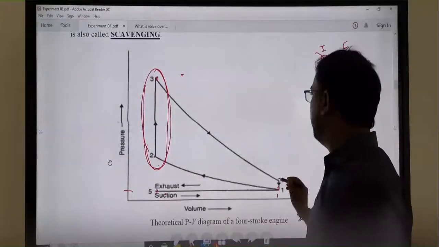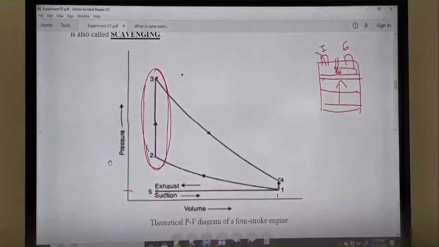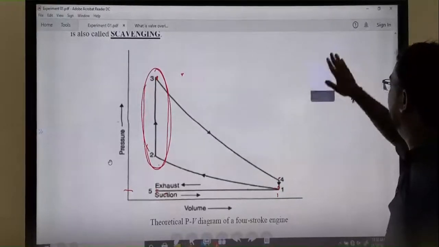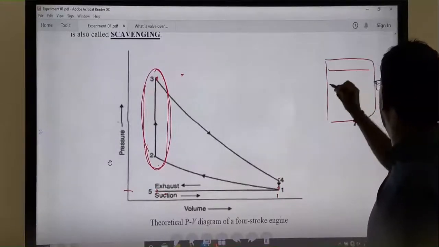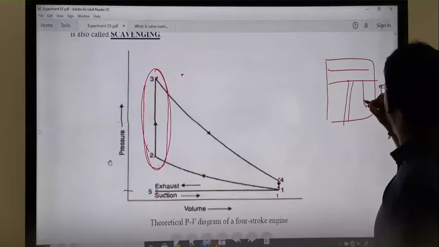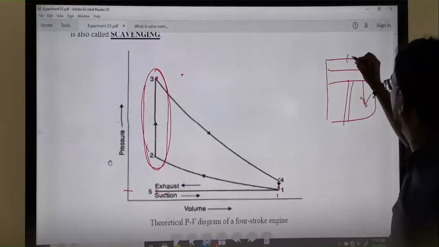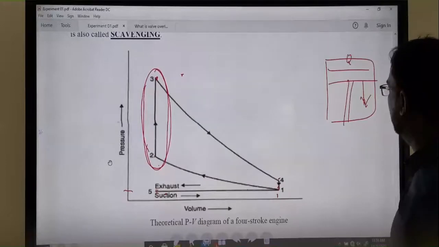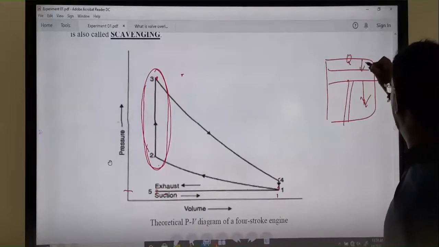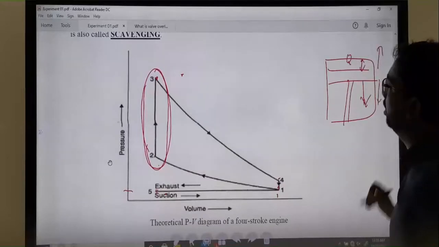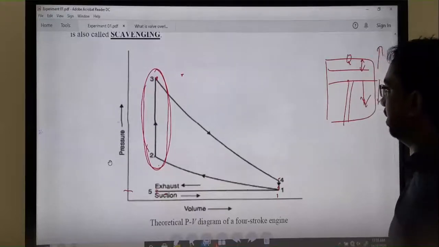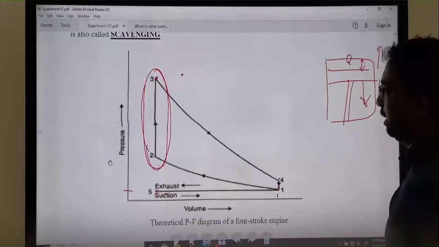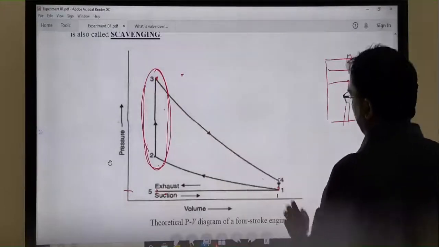From 3 to 4, this is linked with the power stroke. After ignition the piston moves downwards, so the volume of air increases because the piston moves downwards. But there is also an expansion in that, so the pressure also decreases.